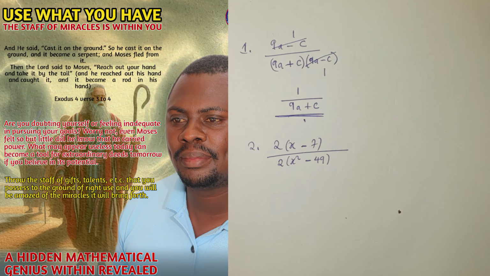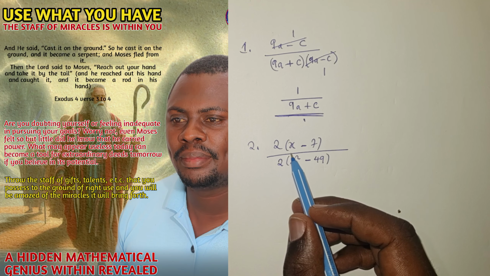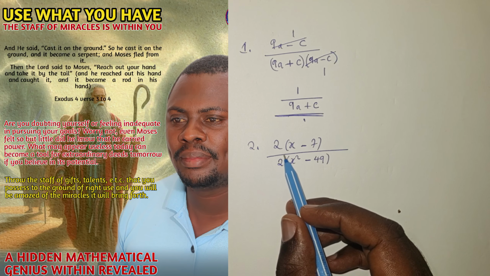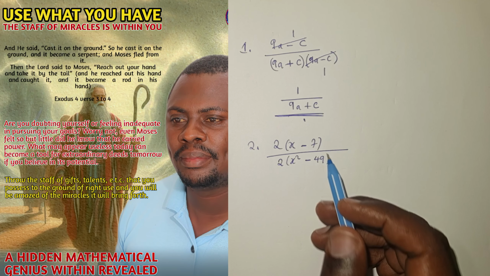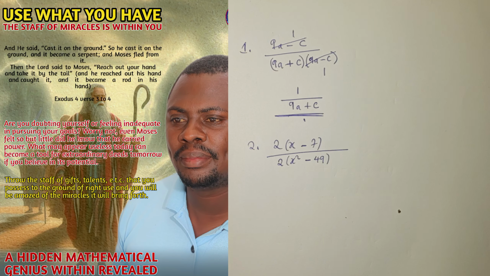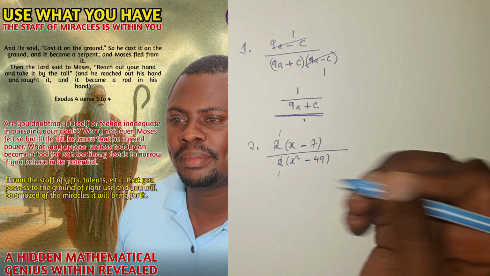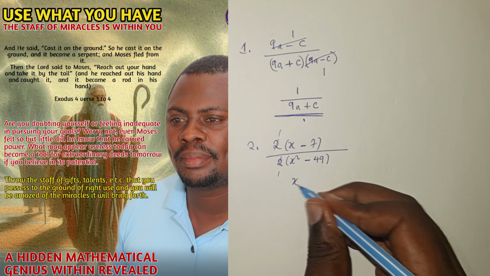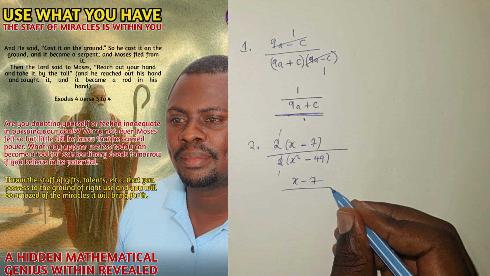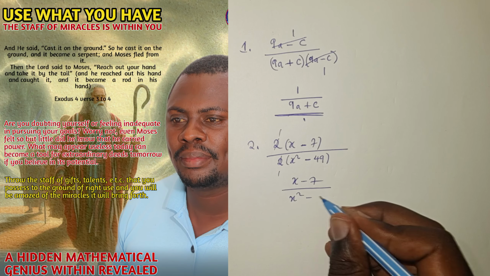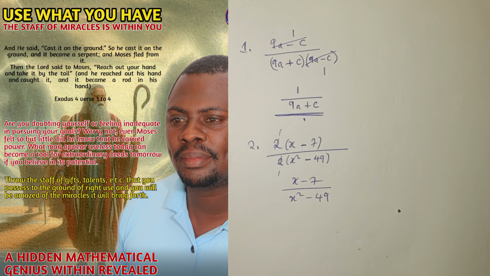Okay, so we can see on the numerator we have the product of 2 and x minus 7, and then on the denominator we have the product of 2 and x squared minus 49. Okay, 2 and 2 can cancel out. So 2 there is 1 and 2 there is 1. So we are going to have x minus 7 over x squared minus 49.